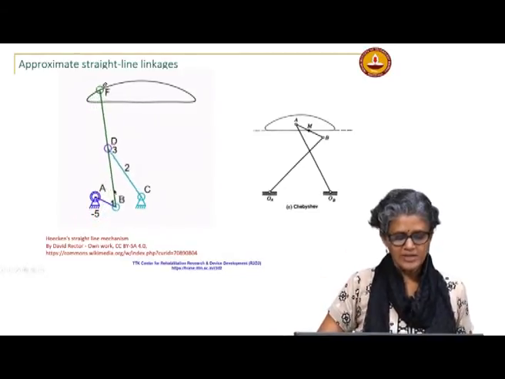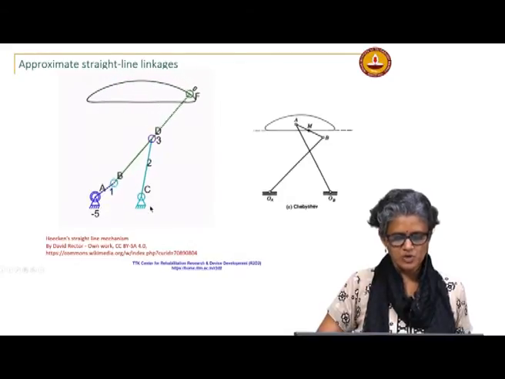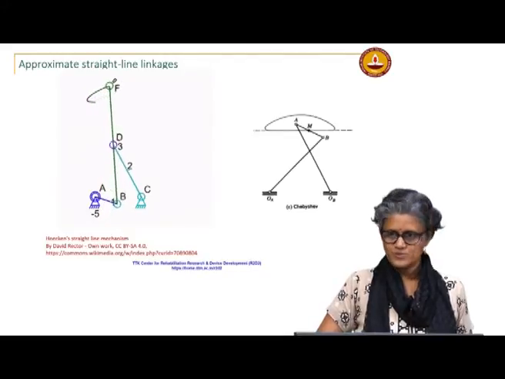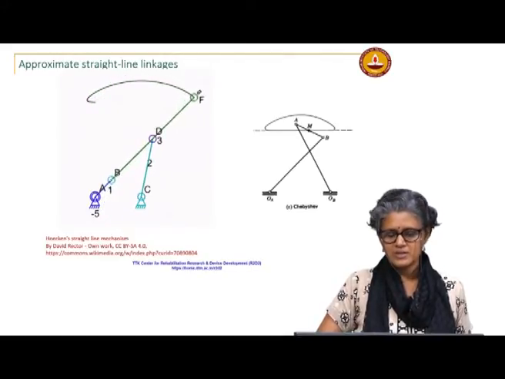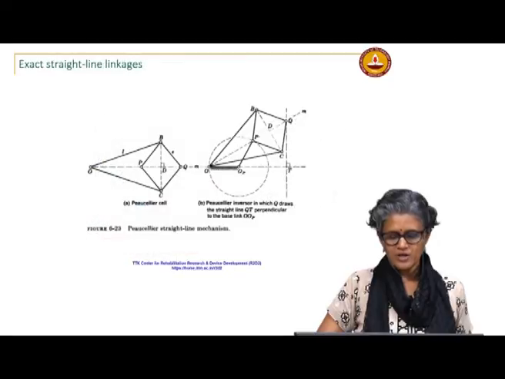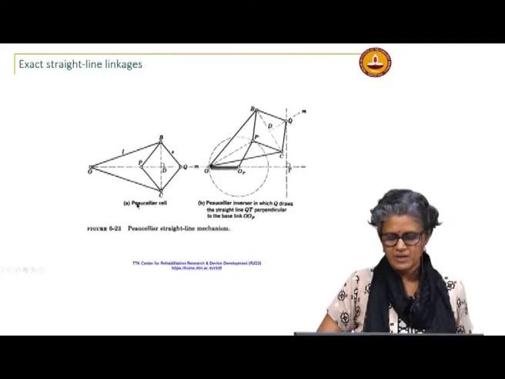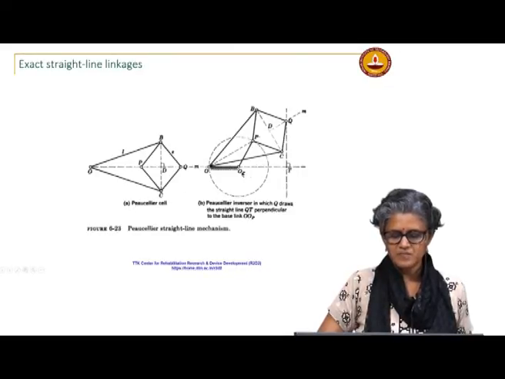If you want an exact straight line, approximate straight lines can be generated by 4 bars using appropriate coupler curves, but if you want exact straight lines, you typically have to go to more links. And one of the famous linkages that traces an exact straight line is called the Peaucellier linkage.